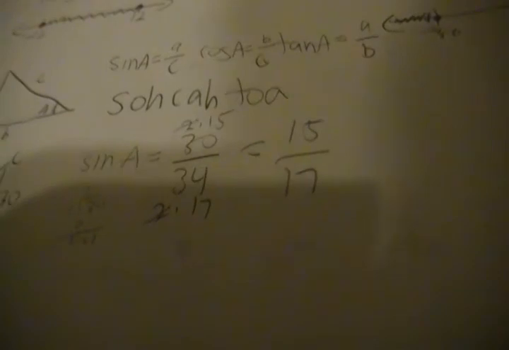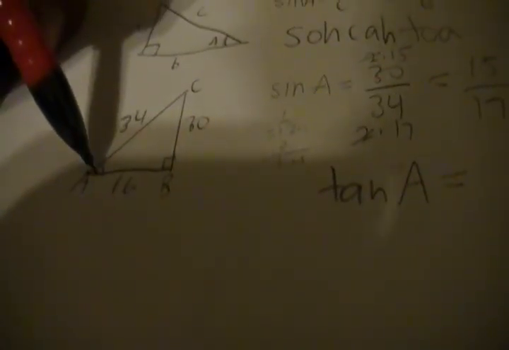So let's try to find the tangent of A. The tangent of A is going to be opposite, 30, over adjacent, which is 16. Let's simplify that.